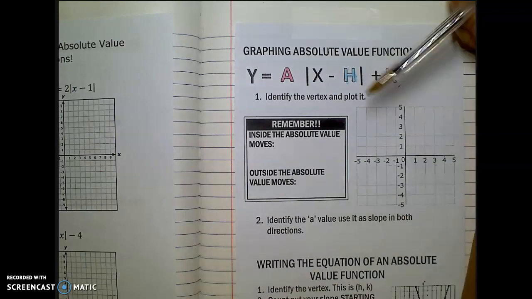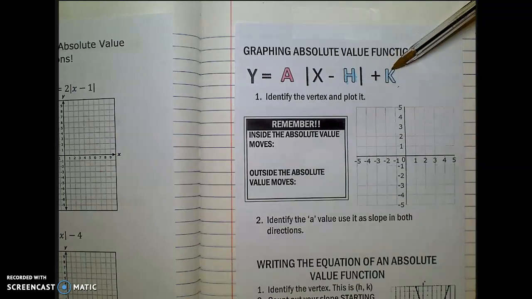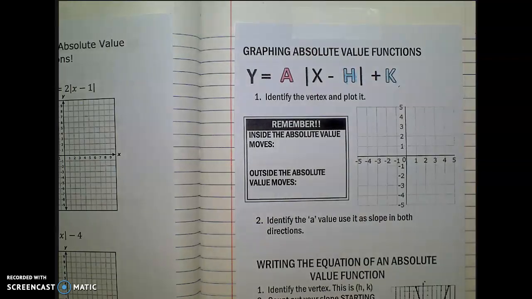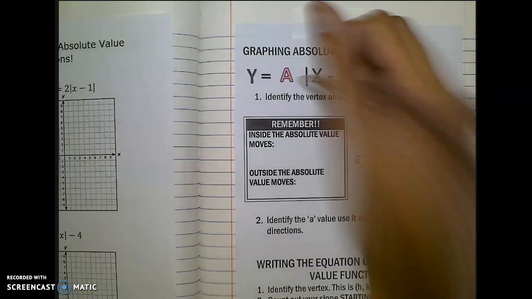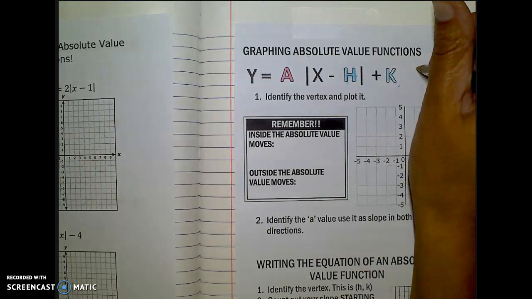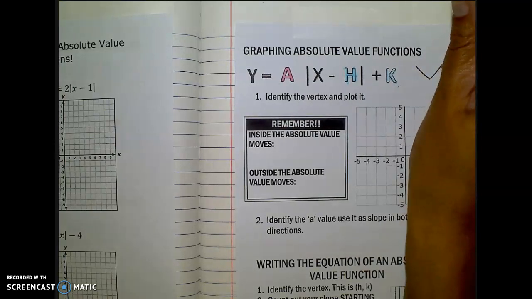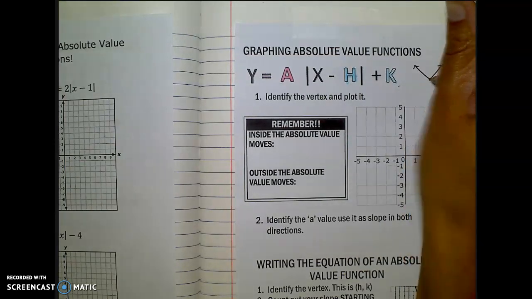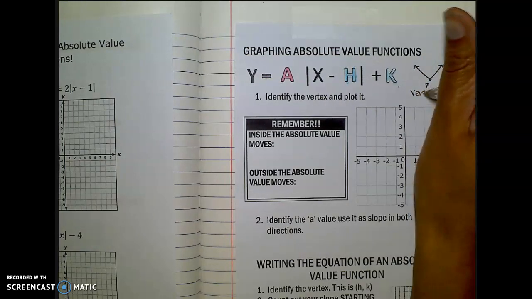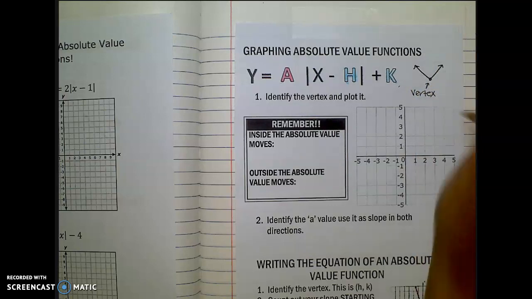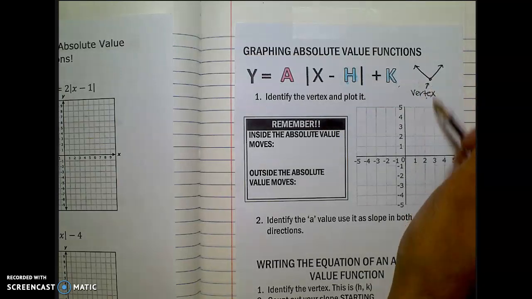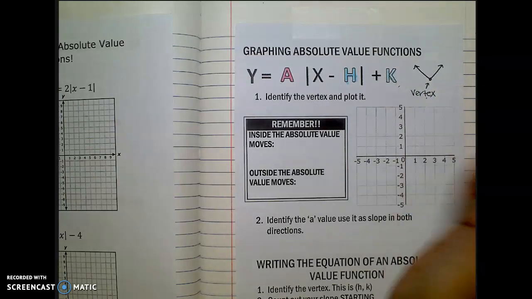So we said that K was moving up and down, H is moving left to right, but it was always moving oppositely, and then A was like our slope. However, I know the shape of my graph is always this V shape. And so identifying this point right here is super important, and we call that point our vertex. And that vertex can be determined by how far left or right, up or down I had to go.